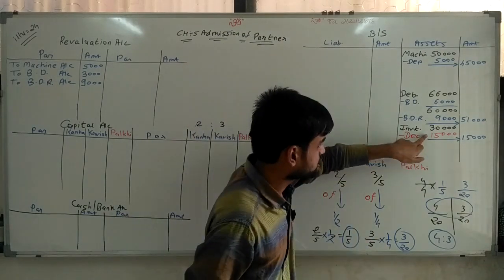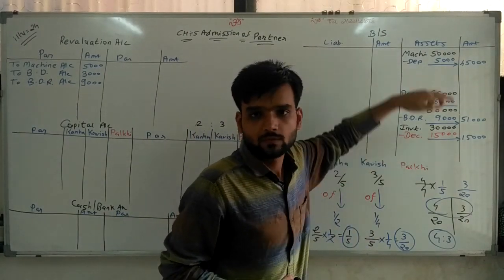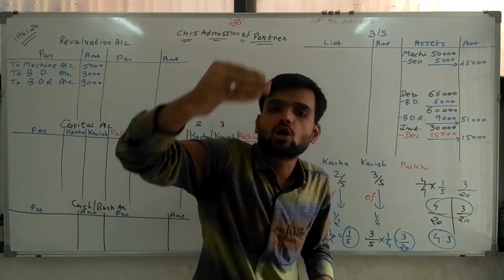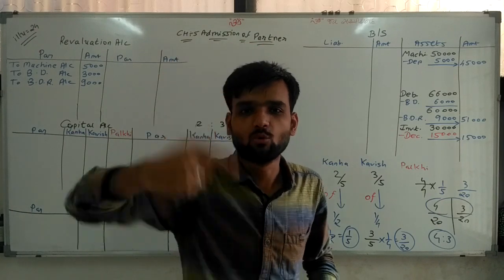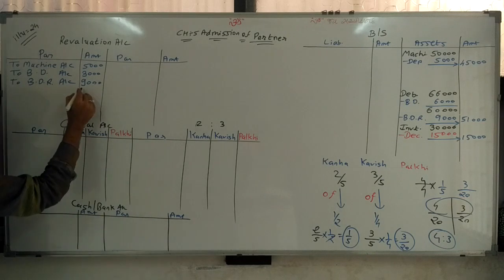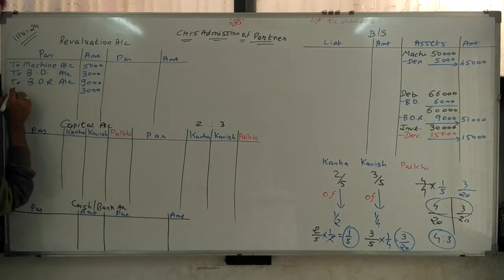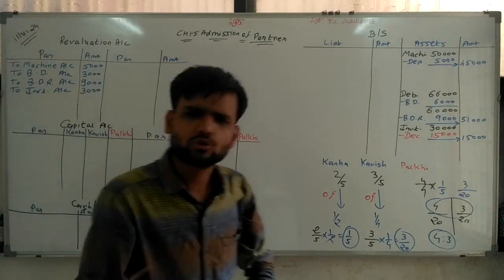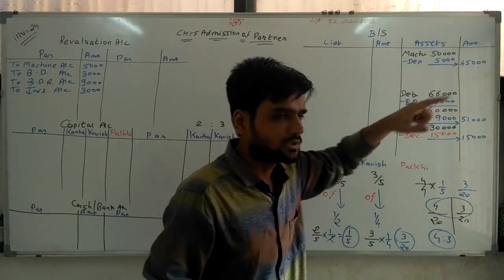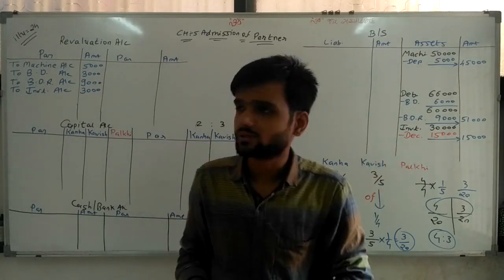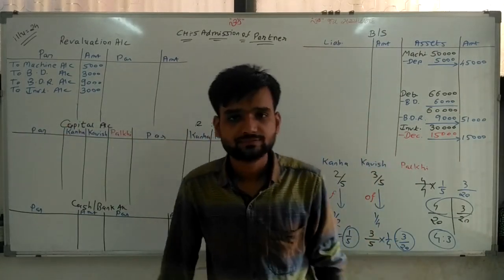So here actual loss is 15,000. Assumed loss was 12,000. What is the more loss? So 3,000 rupees is my more loss, and that more loss is written here, 3,000 to investment account, because reserve is utilized to reduce investment value, but that is available only 12,000. So remaining 3,000 we are writing here.